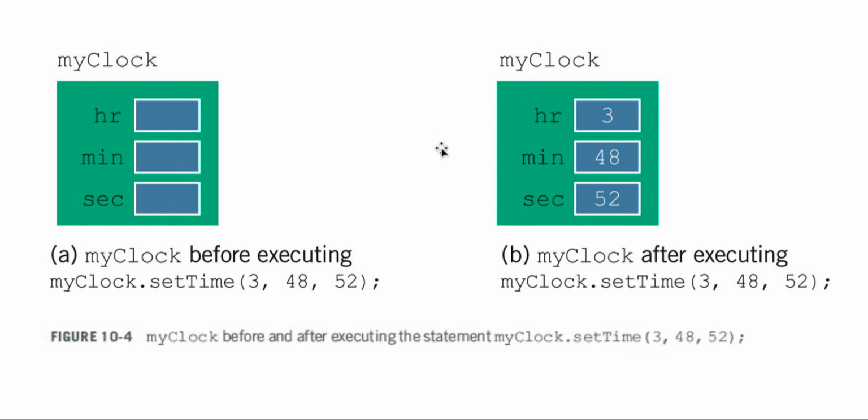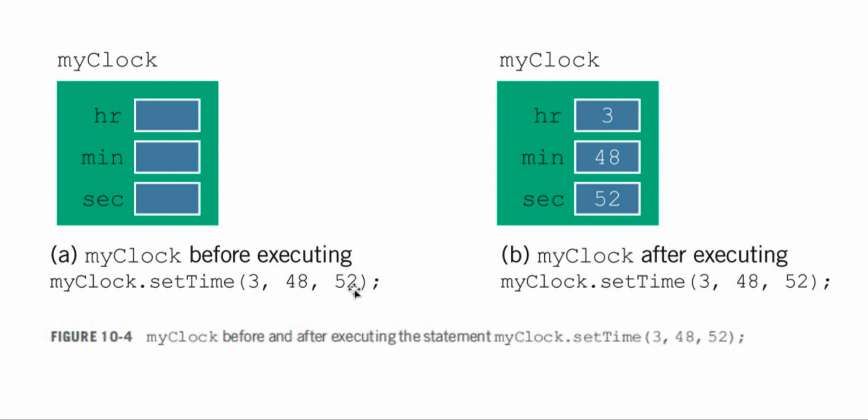Okay, we're back to the slides. Suppose that myClock is an object of type clockType as declared previously. The object myClock has 3 member variables, as you can see on this slide, and those are empty, nothing is there. Then we run the call myClock.setTime with 3, 48, and 52.